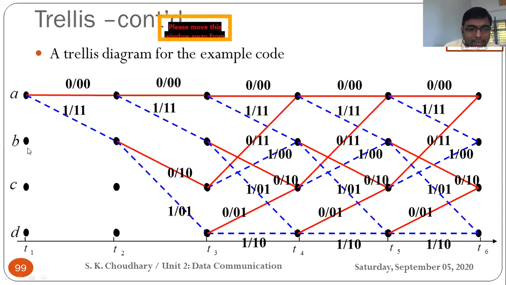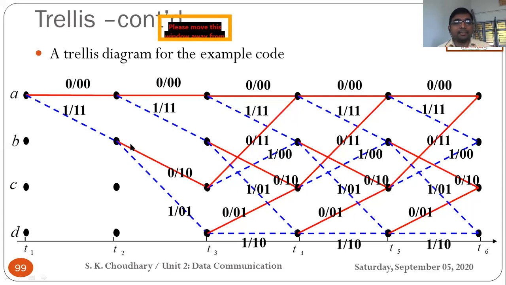Now, you can see I have just extended the previous trellis structure in a broader way. And as I have told you, the number of possible levels is 6. You can see the time domain is also from T1 to T6. Okay. The number of possible states is 4, that is 2 to the power 2. And the number of possible levels is 1, 2, 3, 4, 5 and 6.